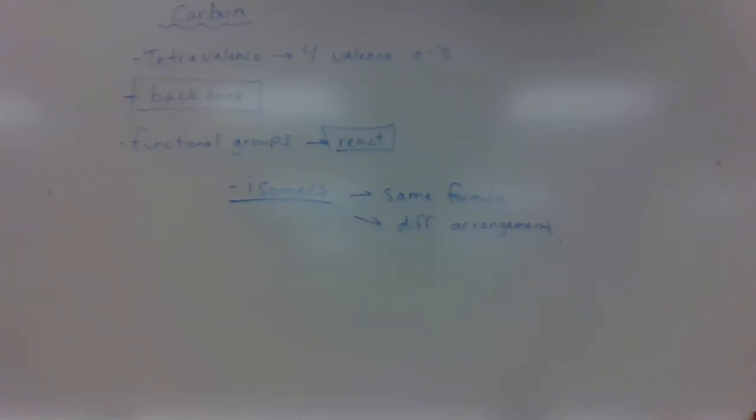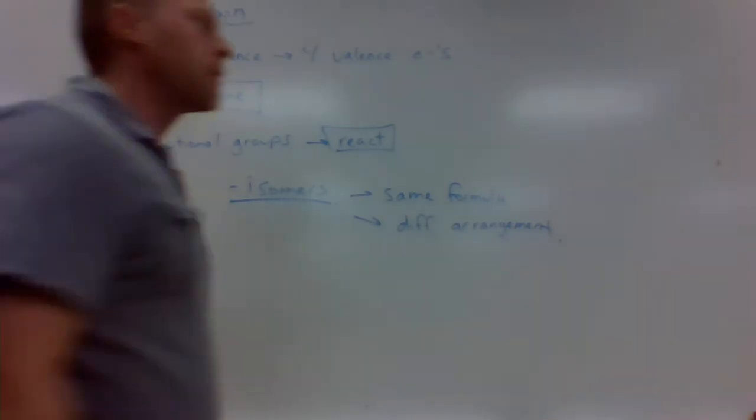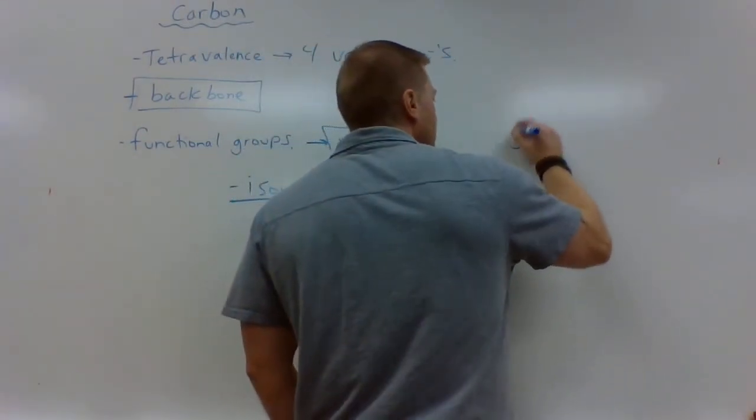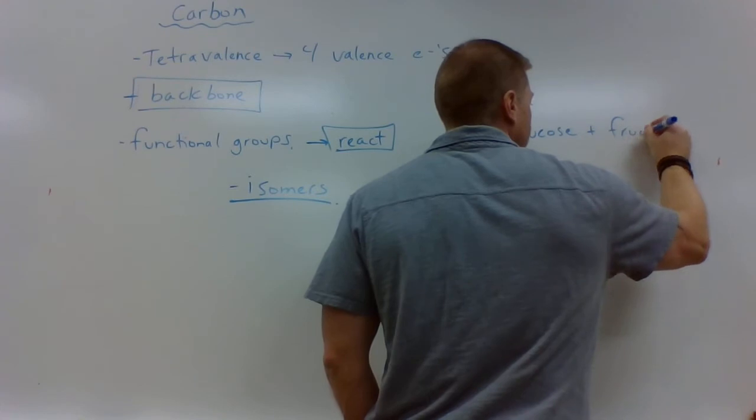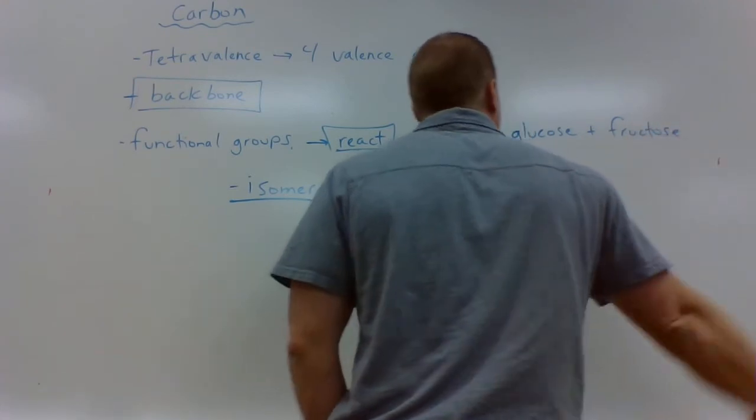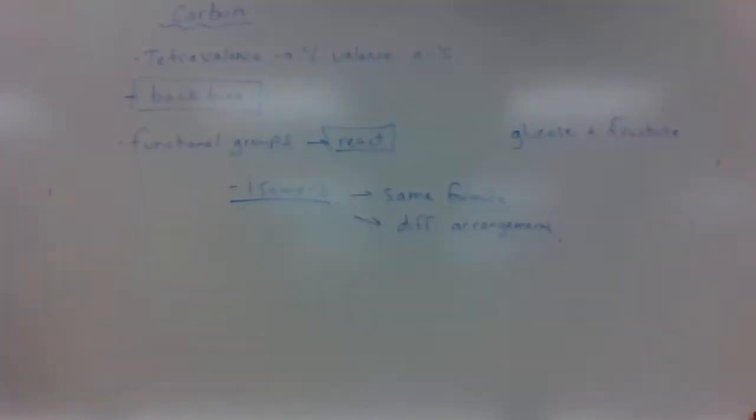There are some really good examples of isomers that we see often. A good example that you should know is glucose and fructose. They both have the same molecular formula. They're both C6H12O6. However, the way that they are arranged is different.